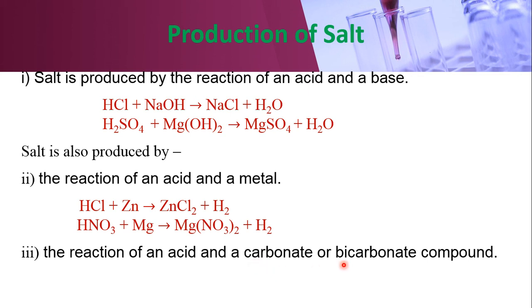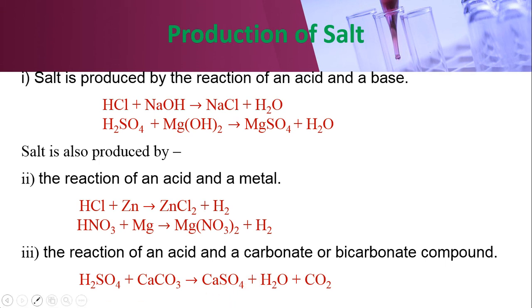And also, when any bicarbonate compound reacts with an acid, they also produce salt, water and carbon dioxide gas. Here, sulfuric acid reacts with calcium carbonate and produces calcium sulfate, water and carbon dioxide. So, in this way, calcium sulfate is produced, that is a salt.